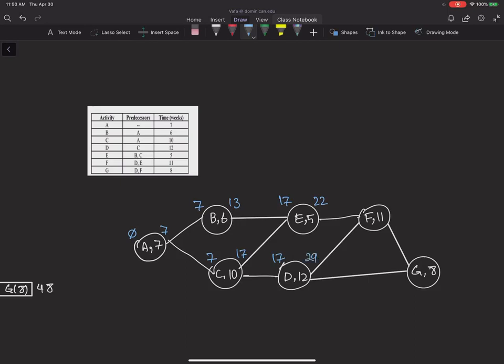Between 29 and 22, I select 29 as the earliest start.